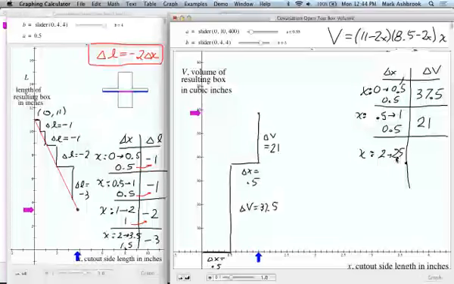Find the change in volume. What's the change in x? 0.5, right?